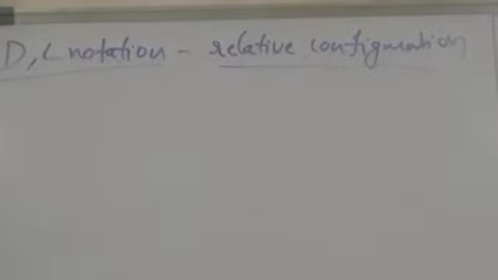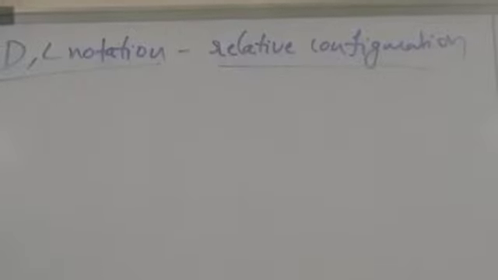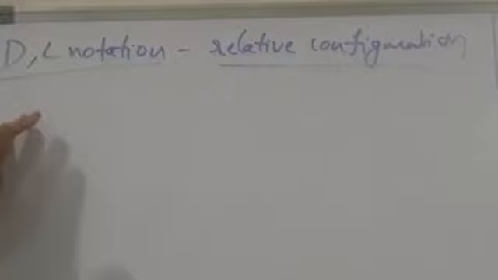So we take glyceraldehyde as the base component to notate D and L configuration. Expressing the configuration of optical isomers with respect to glyceraldehyde is called relative configuration or DL notation.